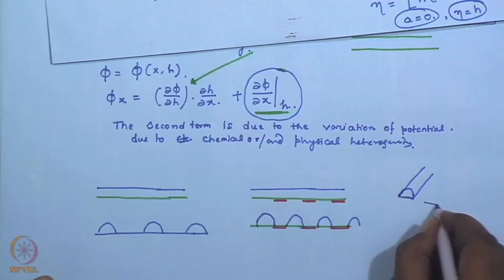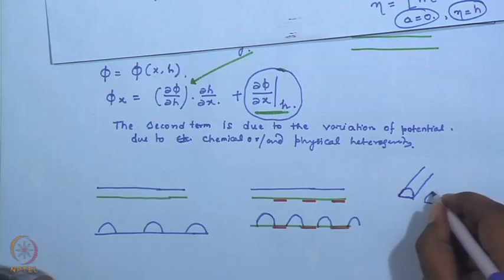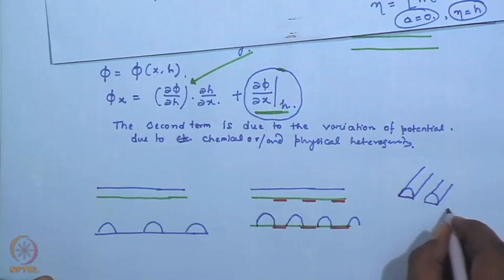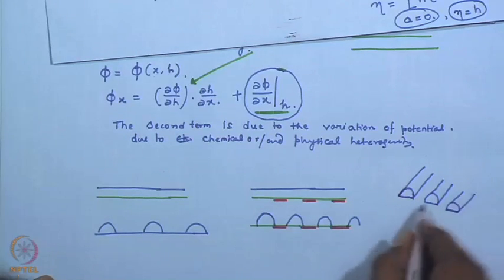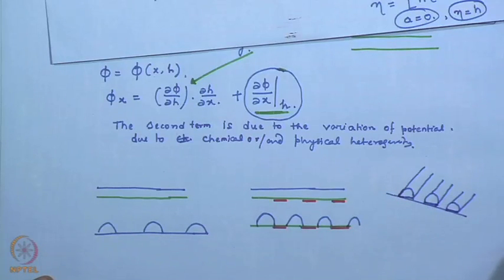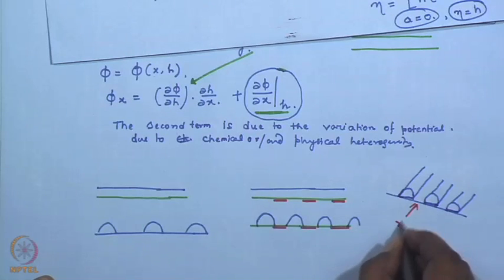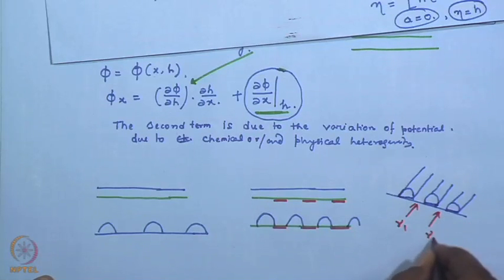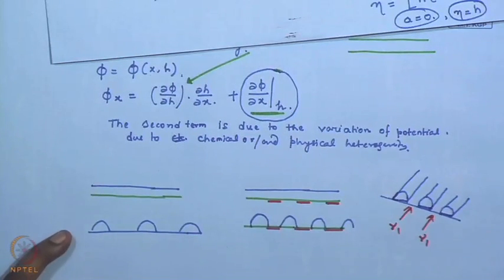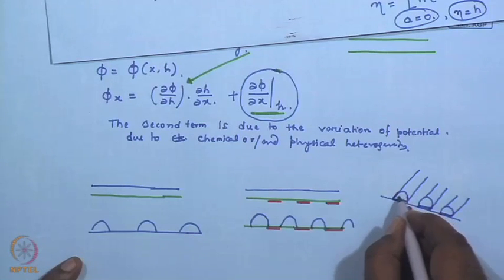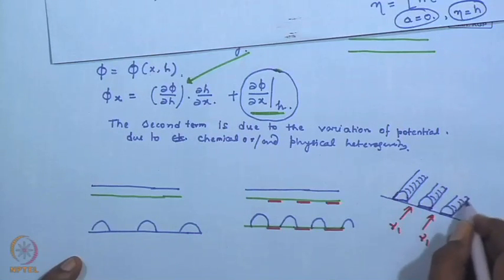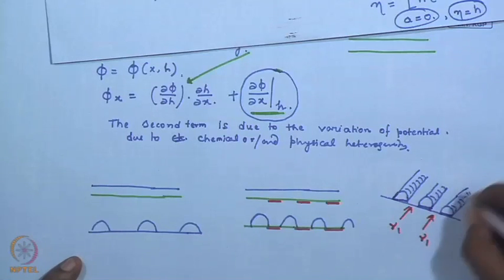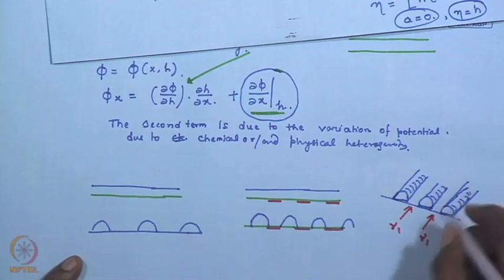So, the morphological evolution, instead of being completely random, you will get isolated strips of polymer like this. In other words, these are the zones with gamma 1, let us say, where the film has ruptured and the meniscus has retracted back over the areas with surface energy gamma 2.